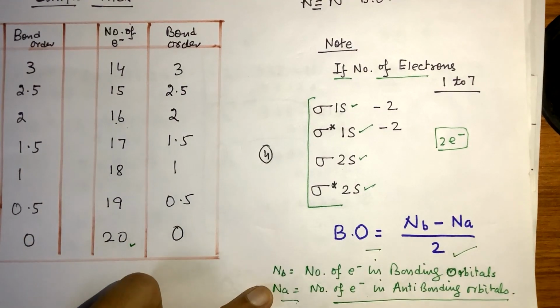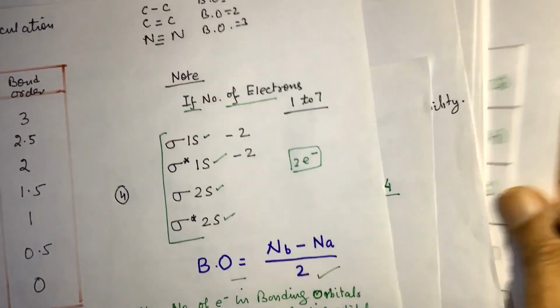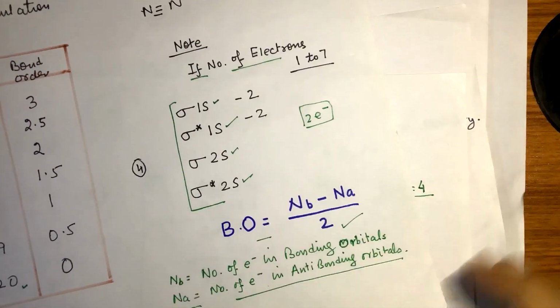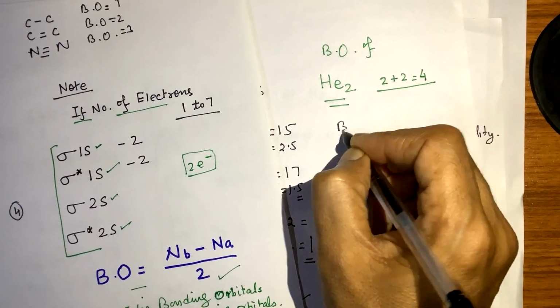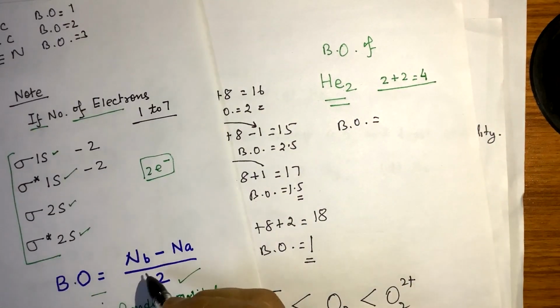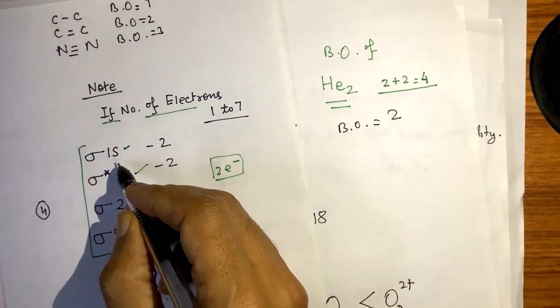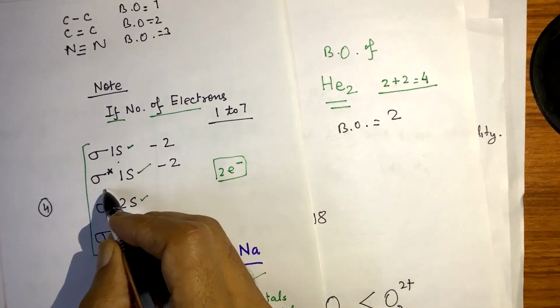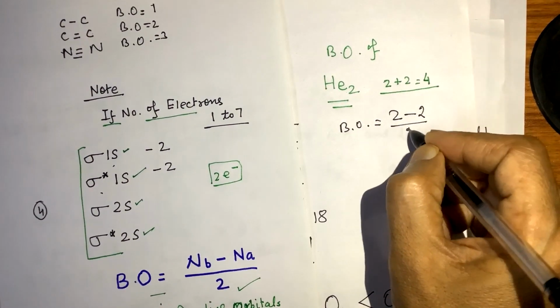So the bond order of He2 will be the number of electrons in bonding orbitals, which is 2, minus the number in anti-bonding orbitals, which is 2, divided by 2.